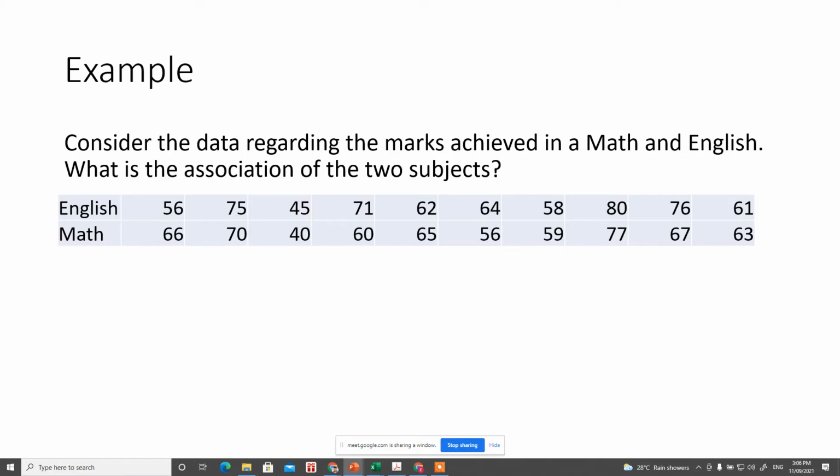In this example, our null hypothesis would be there is no monotonic relationship between math and English marks. So that would be our null.